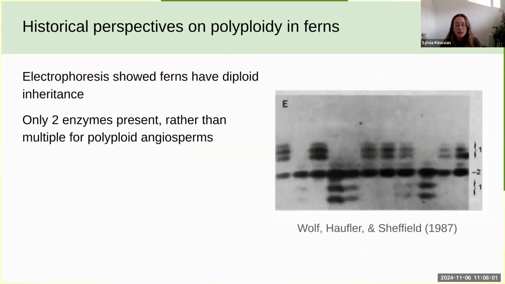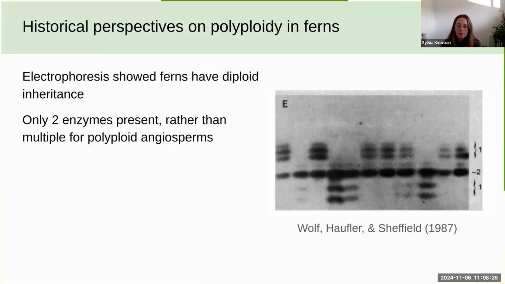Anyway, so we're going to jump forward about 20 years to when people started using electrophoresis to understand genotypes in plants. And this work made people start to think that ferns actually have diploid inheritance rather than being polyploid and having this sort of multisomic inheritance to increase heterozygosity and genetic diversity.